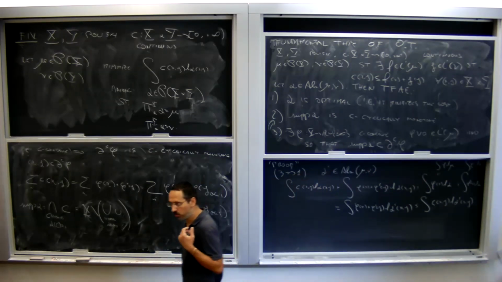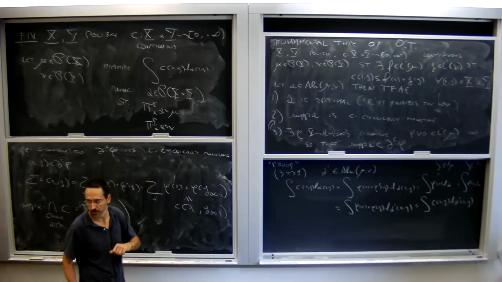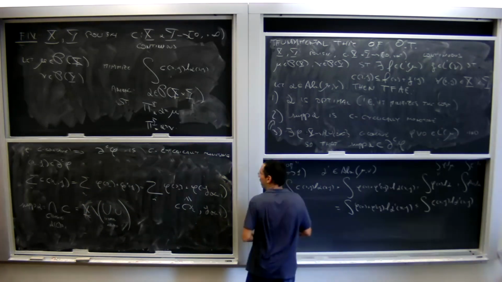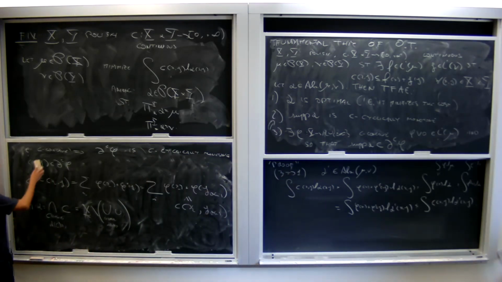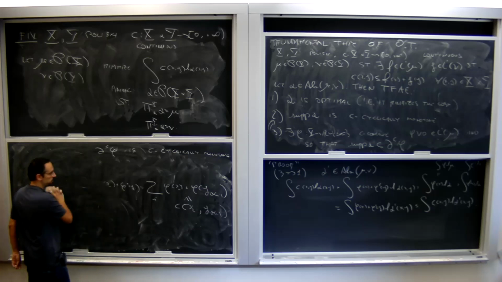And of course, if you believe that this theorem is telling you something non-trivial, it means that at least one of the other two implications is not so trivial, right? And in fact, it is not the case. So let me try to illustrate why 1 implies 2. It is done by contradiction.